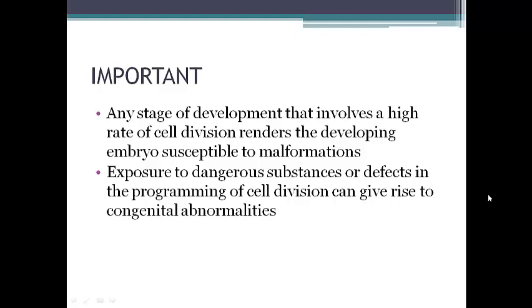Obviously, in order for development to proceed normally, we need the different phases and changes to happen normally as well, and anything that changes them will result in abnormal development. So exposure to dangerous substances, let's say if the mother is on a certain type of medication, or, for lack of a better term, if she has any bad habits, or if there's a defect in the programming of cell division or the control of the process, then this can cause congenital abnormalities to show up during this period.